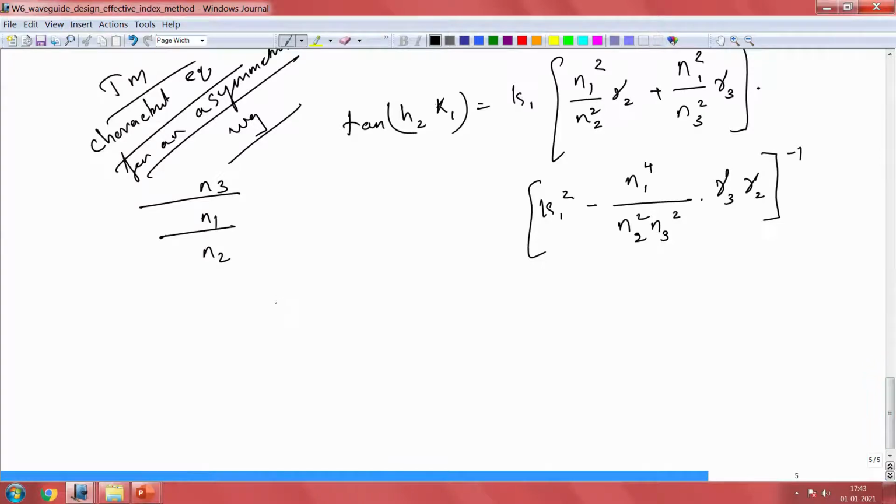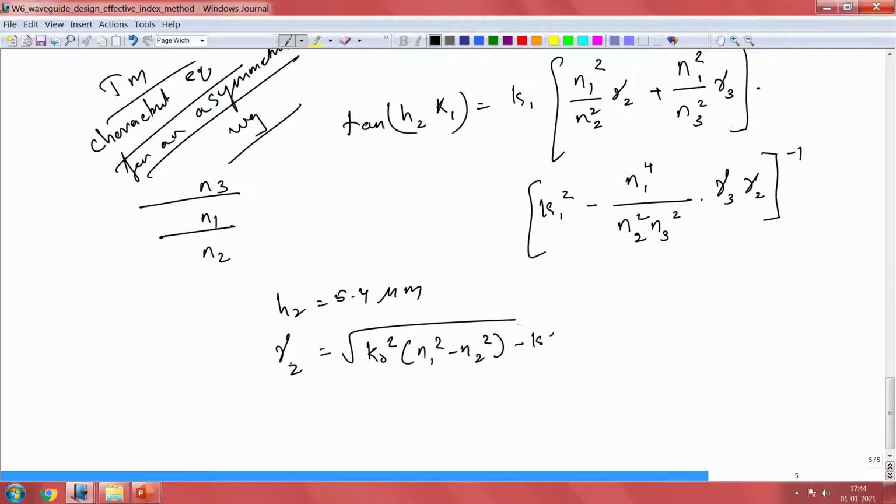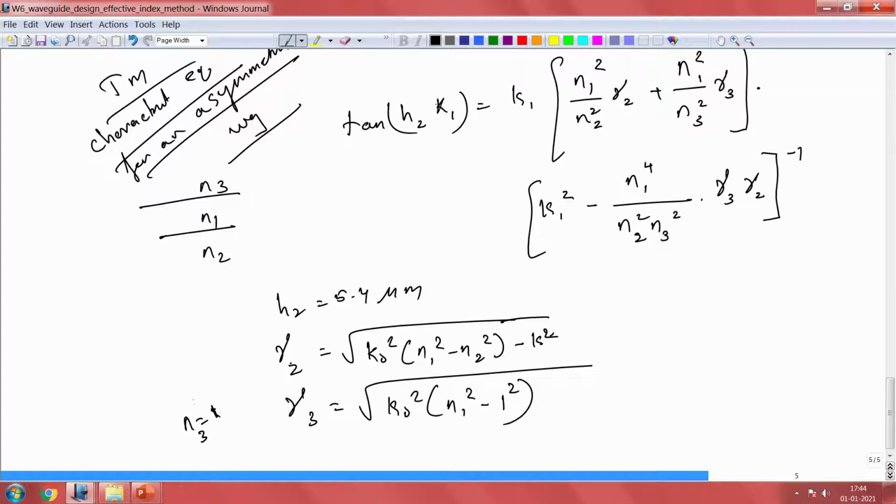So now your H2 is 5.4 micrometer and gamma 2 is nothing but the root of k naught squared n1 squared minus n2 squared minus k squared. Similarly gamma 3 is the root of k naught squared n1 squared minus 1 squared minus k squared, because n3 here equals 1, since it is air.